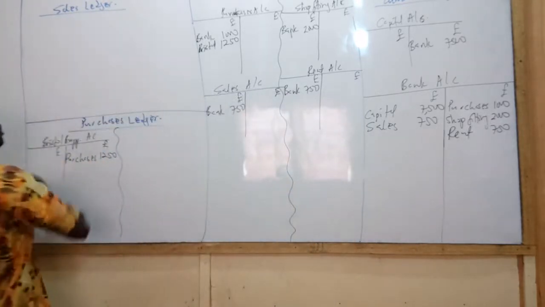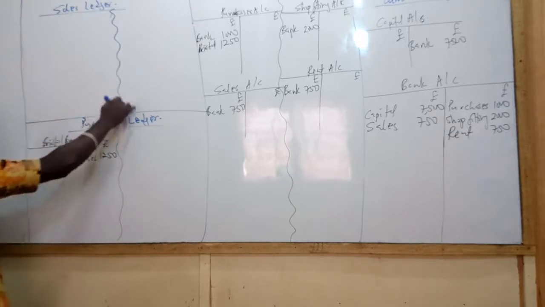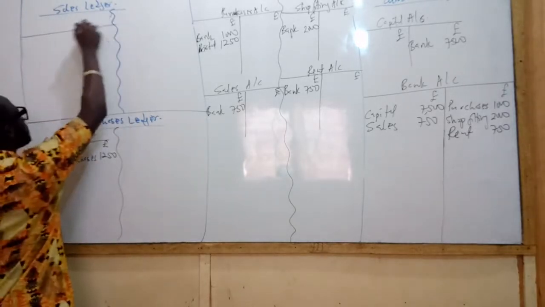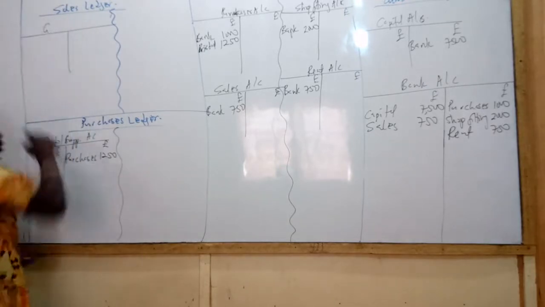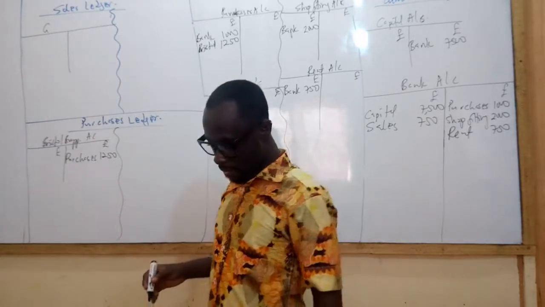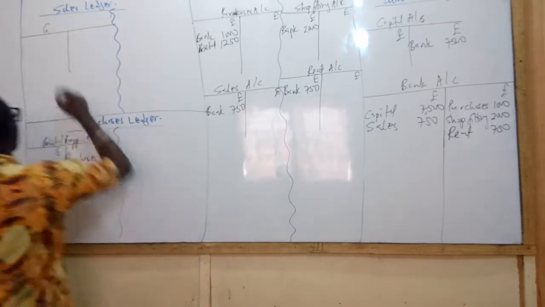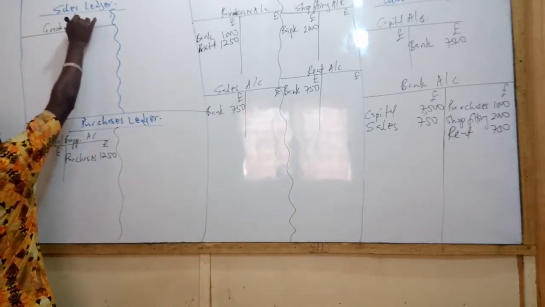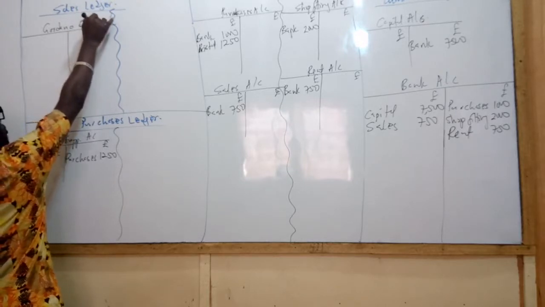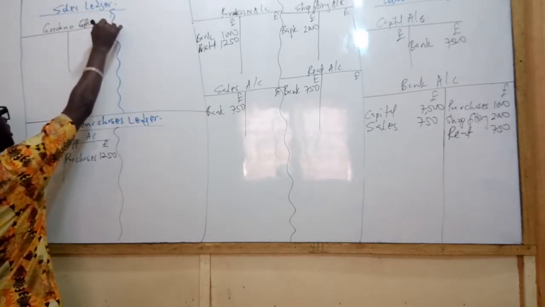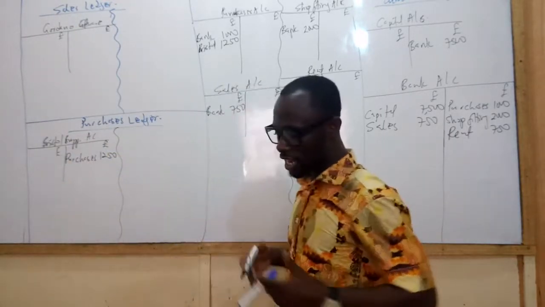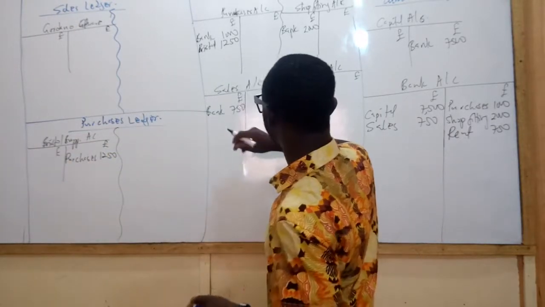So we're going to take this transaction into the general ledger, and we're going to open that name. What was the name, folks? Gonado Giftware. So we open the account in the sales ledger. But remember, we are selling goods, so we credit.